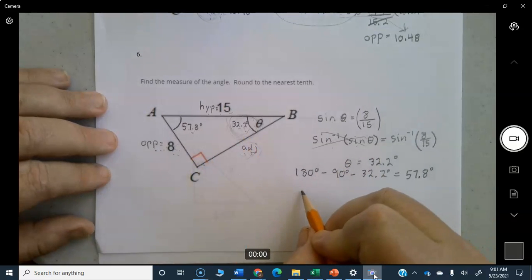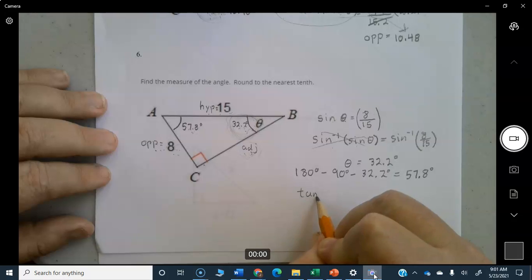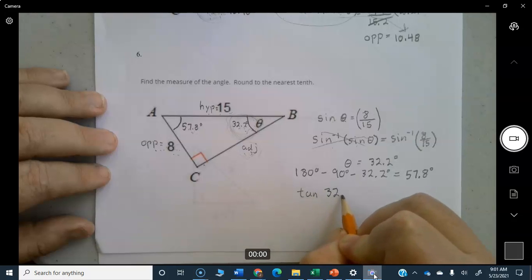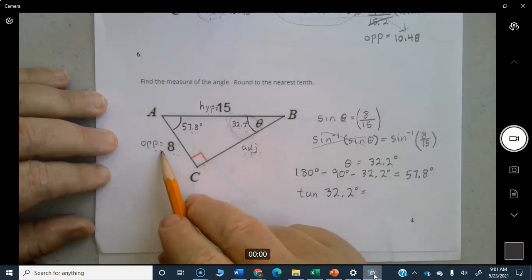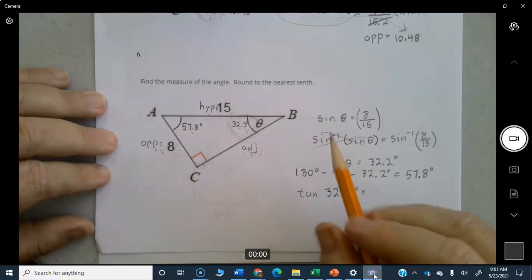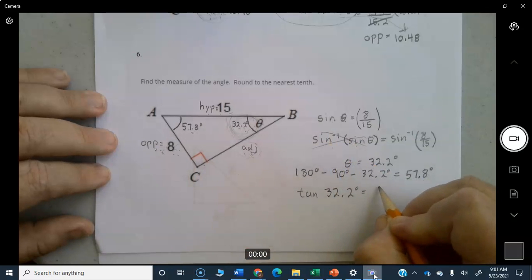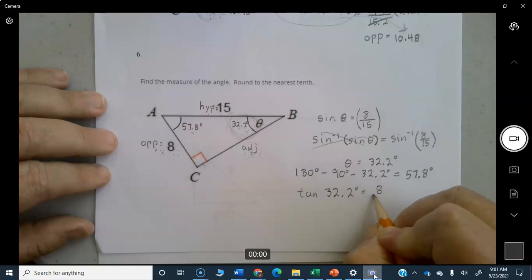Okay. So we're going to say tangent. Adjacent. Excuse me. Opposite over adjacent. Don't get them confused. I just did. Opposite over adjacent is the tangent. And we know the opposite is 8. And the adjacent is what we're trying to find.